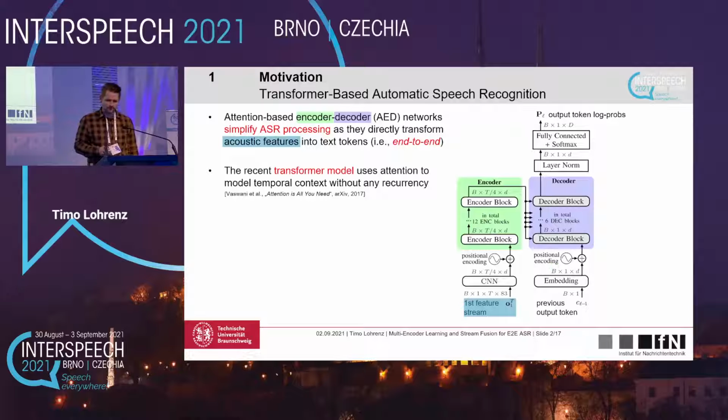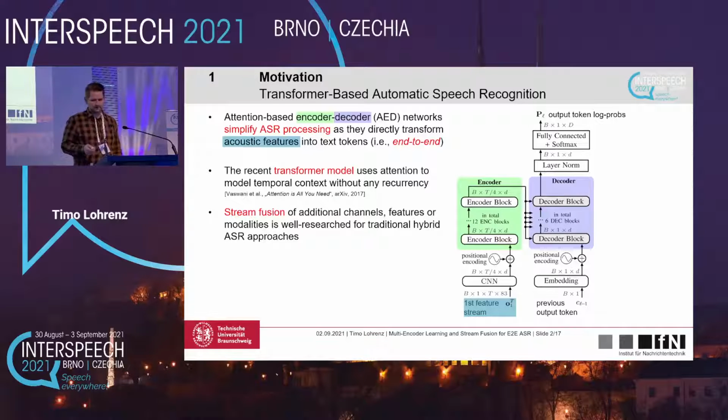And for the decoder, it's step-by-step processing in the transformer, where we also use the previous output token to make a prediction for the next output token based on these output token log probabilities. And the important stuff about the transformer is that it's based completely on attention layers that are inside of the encoder and decoder blocks, and that use no recurrency to model the temporal context in such models.